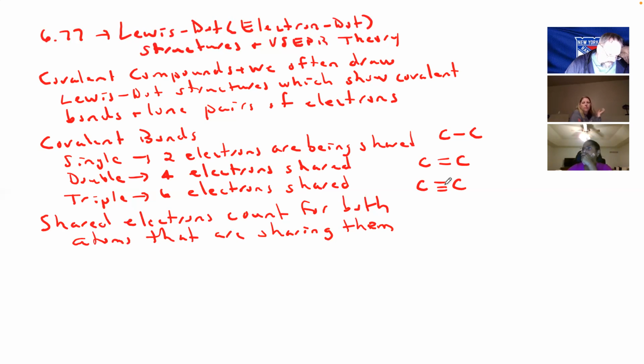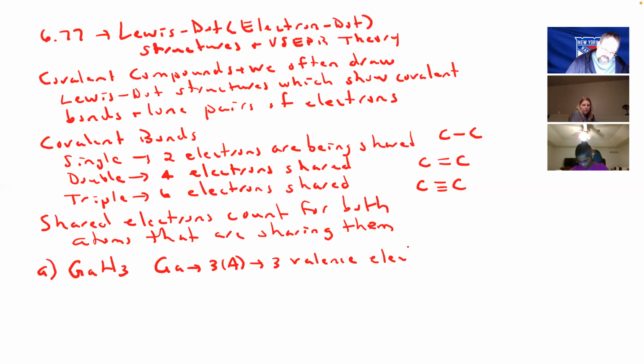Okay. So in 77A, we have GaH3. How would we come up with the Lewis dot or the electron dot structure for that compound? Here's how we do it. Ga is in group 3A, so that tells us that it has 3 valence electrons.